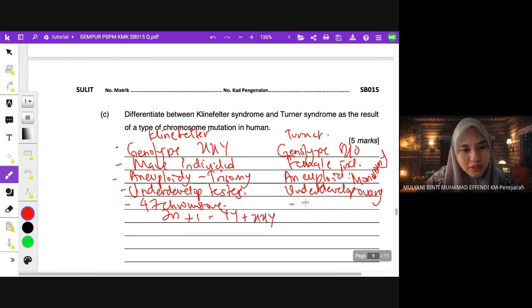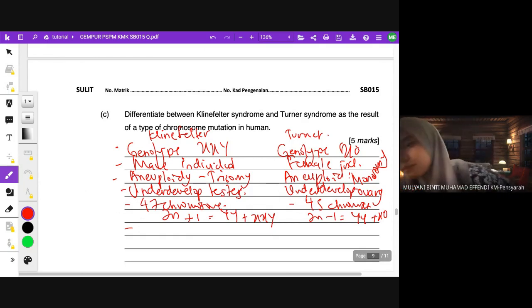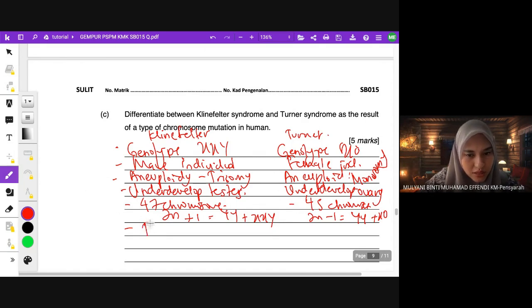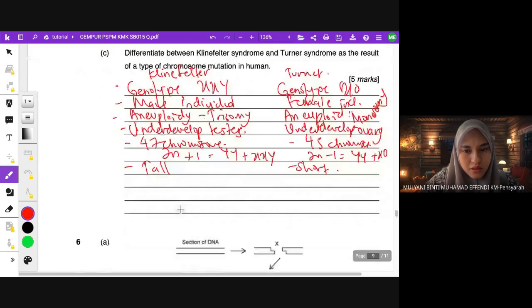Macam tu. Yang ni pula ada 45 chromosomes. Okay, so 2n minus 1 iaitu 44 plus XO. Macam tu. Okay. And yang last kali ni dia buat beza dari segi dia punya physical characteristics. Sekejap. Okay, iaitu yang ini adalah tall, yang ini adalah short stature. Okay.